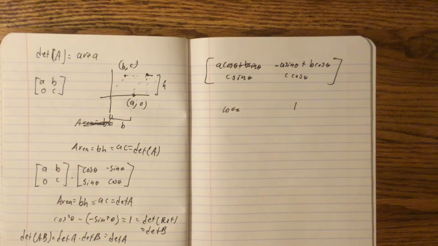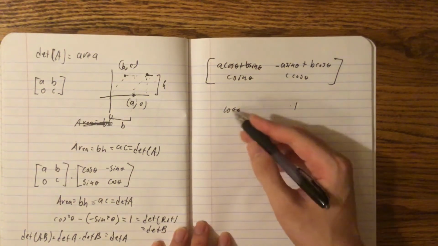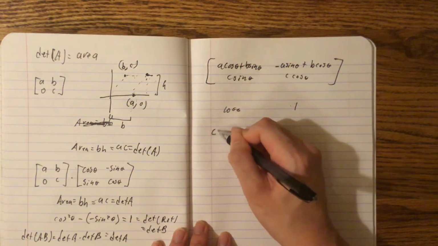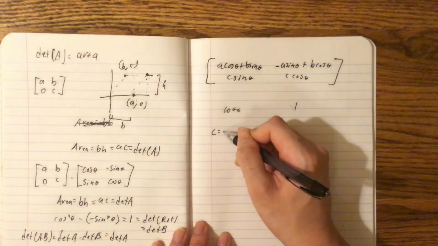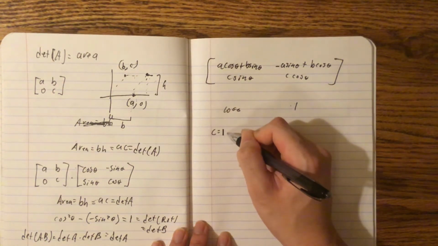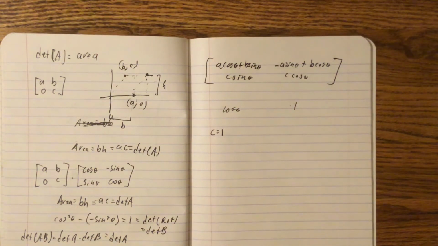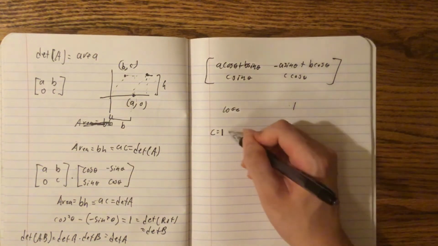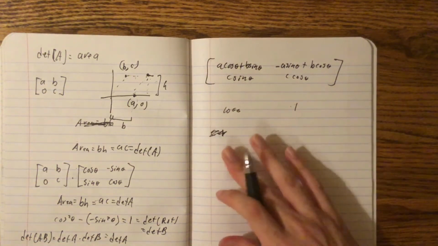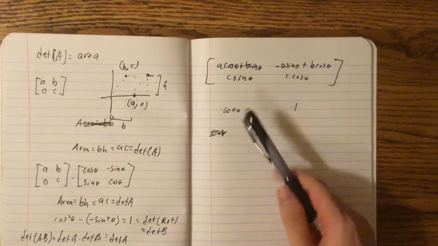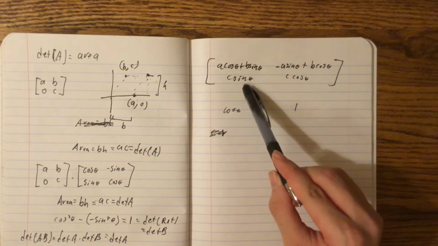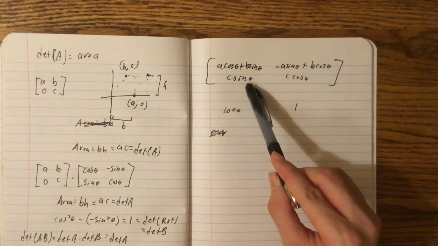Let's take this example. In this example, we can make C equal like 1,000. I'm not going to try to do the math here, but basically, we can just set C to around 1,000 and set sine theta to around 1.